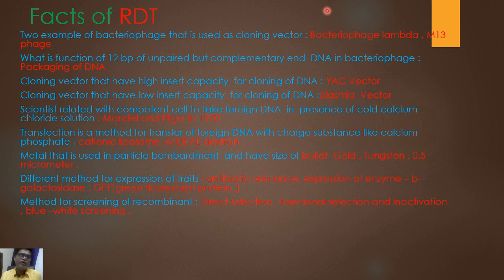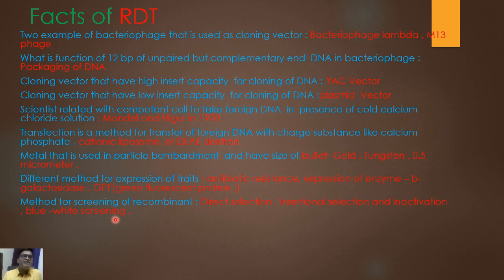And then blue white screening. If you take the example of pUC19, there is a LacZ gene. If the LacZ gene is functional, it means there is no foreign insert in that bacterial plasmid, and we get a blue color colony, that is non-recombinant. And if we get a white color colony, it means the bacterial colony contains a foreign DNA insert in the plasmid.